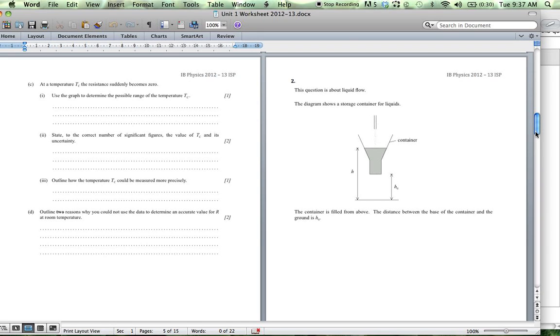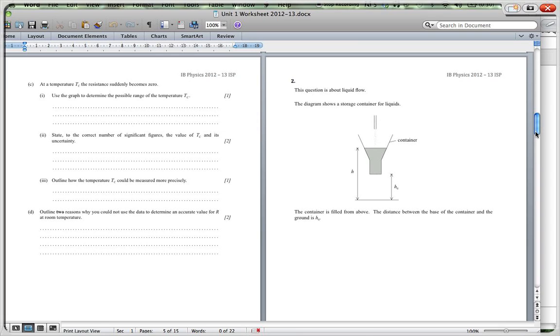Looking at question C, I'll just read these through because I need to go back to the graph to actually answer them. At a temperature Tc, the resistance suddenly becomes 0. So we have the switch over to becoming 0. Use the graph to determine the possible range of the temperature Tc.